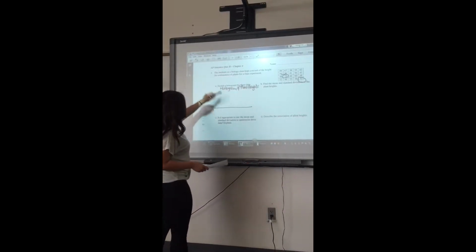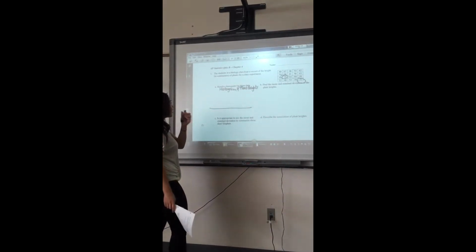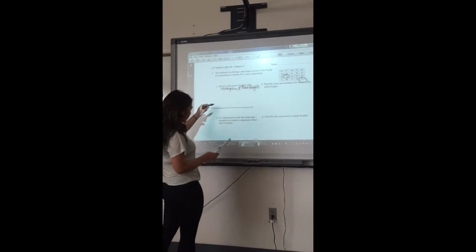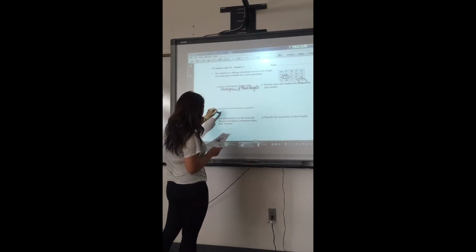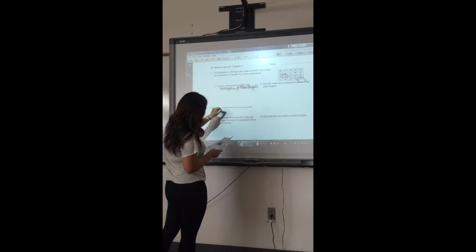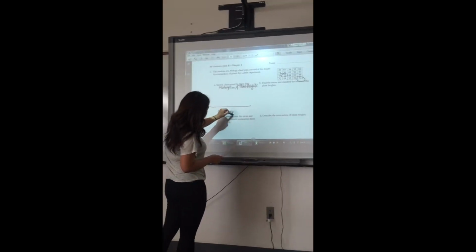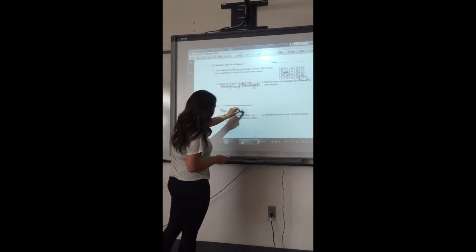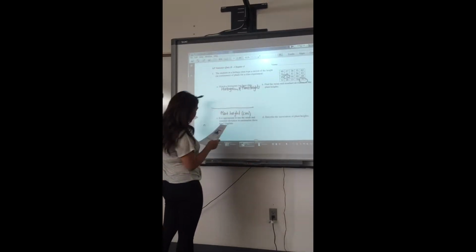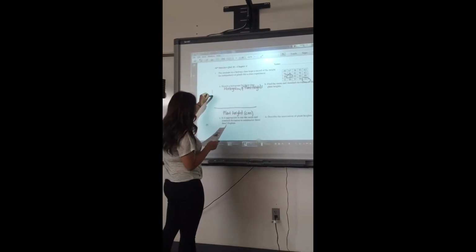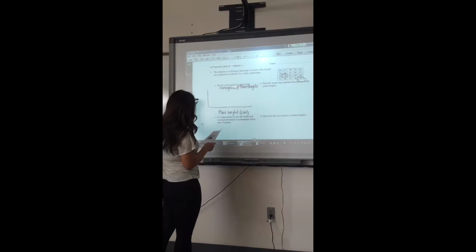And so we're recording that data right there in the height, so it's going to be the plant height in centimeters. And then right here is going to be the frequency.